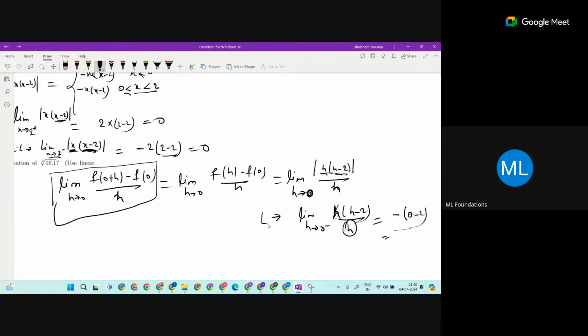This h is negative. But sir, in both numerator and denominator h is negative, so the negatives will cancel. No. Here you are getting the mod value, right? That means the numerator is positive. Yes, the numerator you got the mod value, so this is going to be positive.